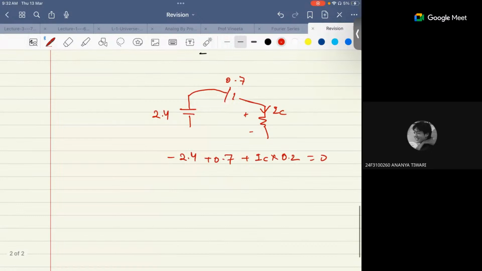So IC you can calculate. IC is 2.4 minus 0.7, that is 1.7, sorry, 1.7 upon 0.2. So you are getting 8.5 milliampere. Correct? So IC you got.